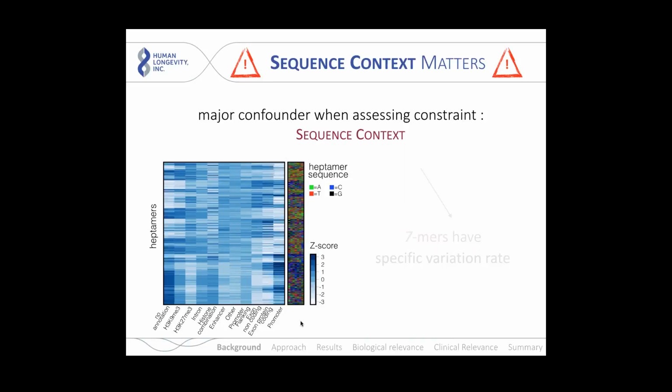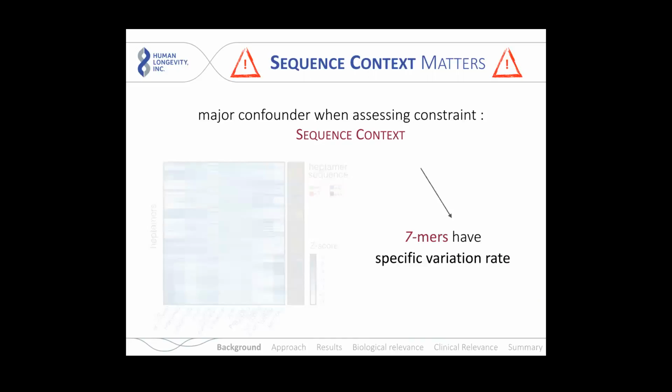I don't expect you to read the exact sequence of each octamer, of course, but the overall message here is that there are some patterns of octamers that are enriched in some genomic elements, for example here in promoters, and they might be completely depleted in other genomic regions and so on. So every genomic element has a very specific sequence.